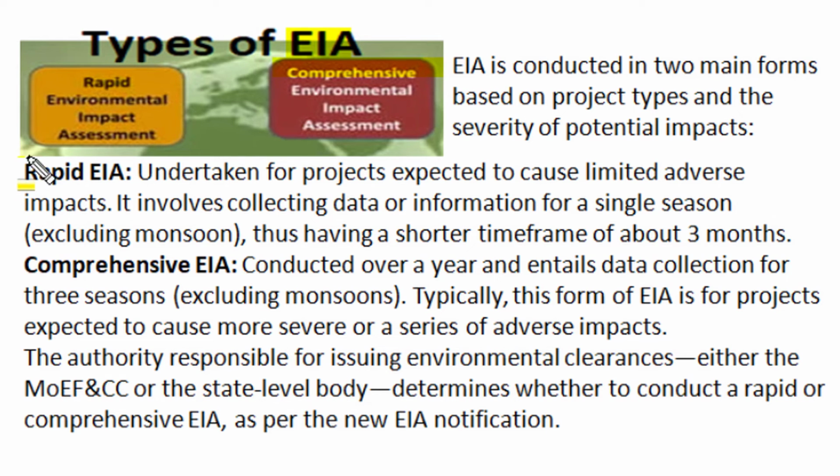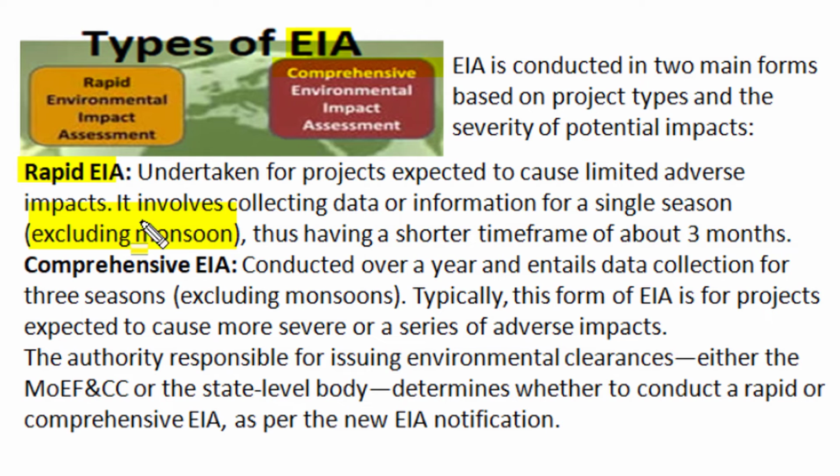The rapid environment impact assessment is undertaken for projects that are expected to cause limited adverse impacts, and it involves collection of data and other information for a single season of around 3 months, and that season excludes the monsoon season for our Indian climatic conditions.